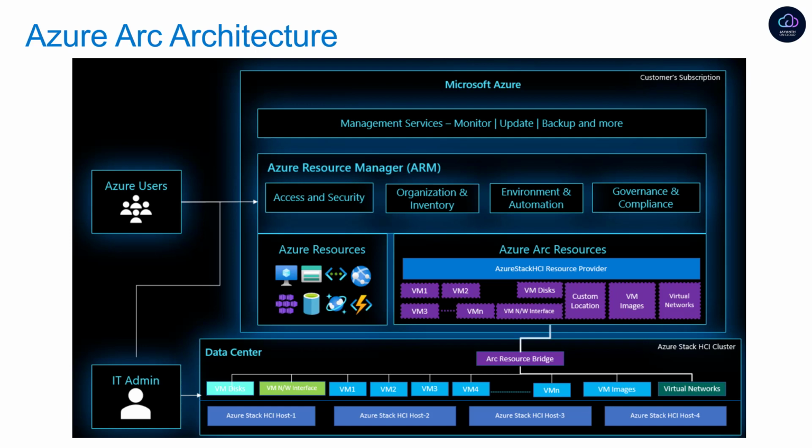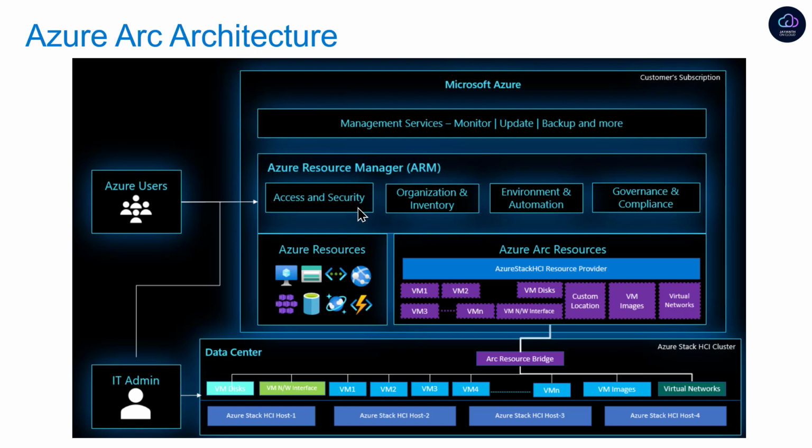Then on the left-hand side, you have the normal Azure resources that you can bind together. As you can see, all of these Azure constructs like access and security are pre-built.